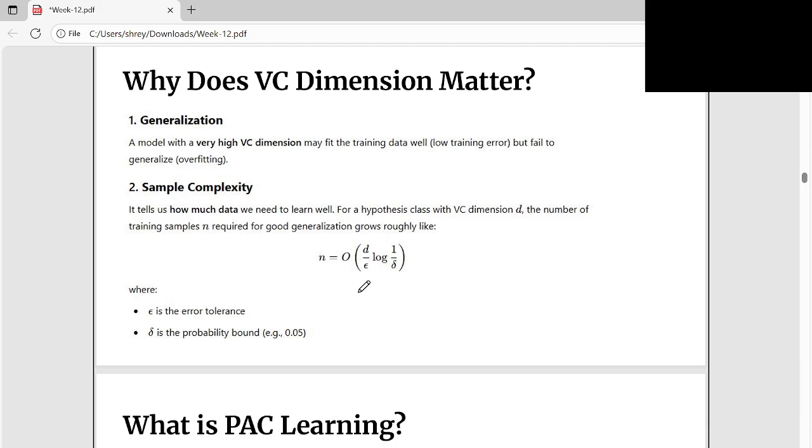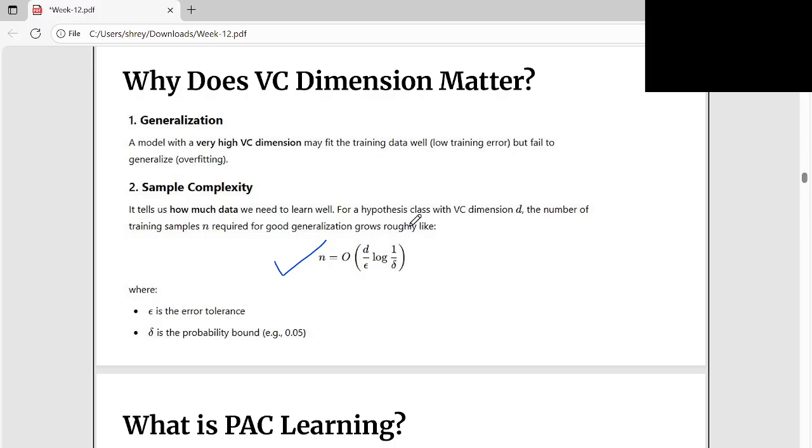Secondly, sample complexity. The VC dimension tells you how much data we need to learn. Another formulation is that for any hypothesis class with VC dimension D, the number of training samples required for good generalization is like this. Earlier we calculated M with the help of generalization error and probability and tolerance.